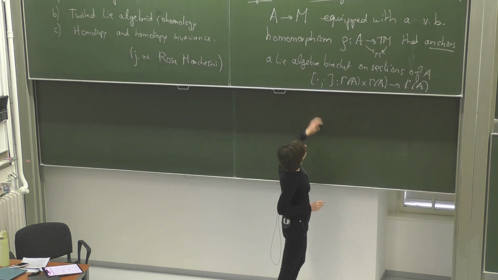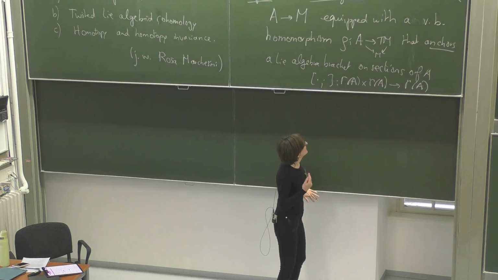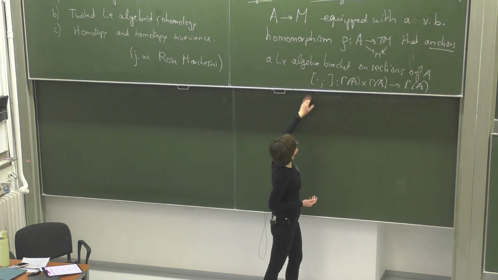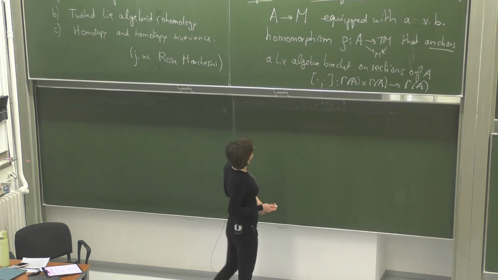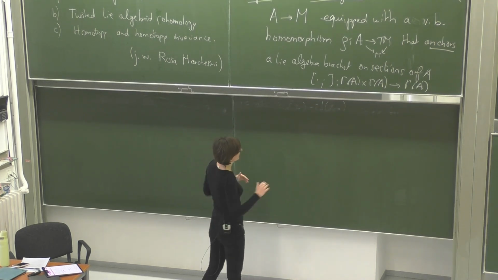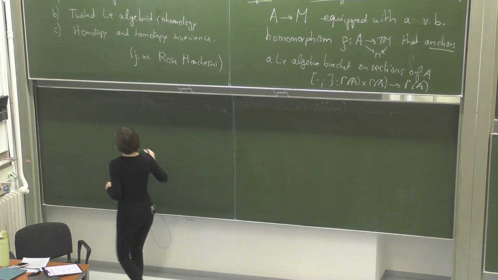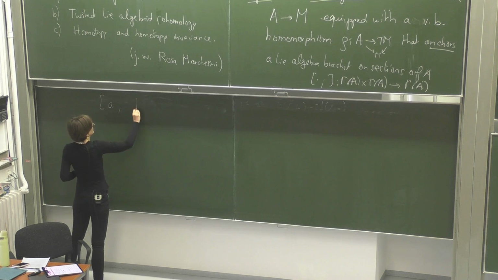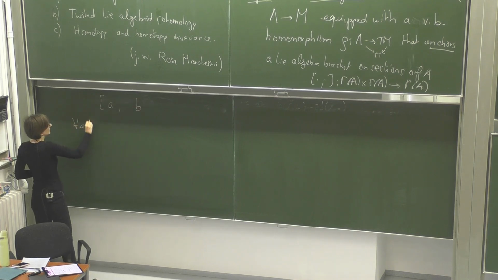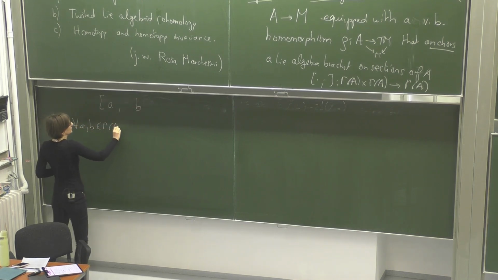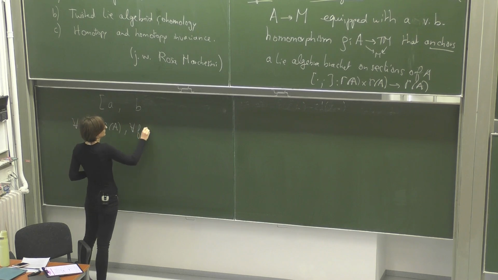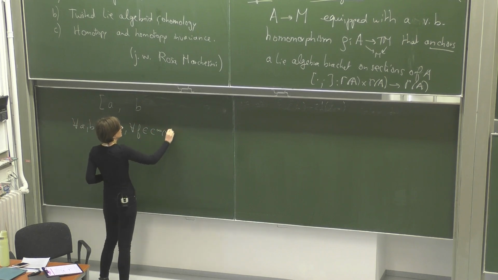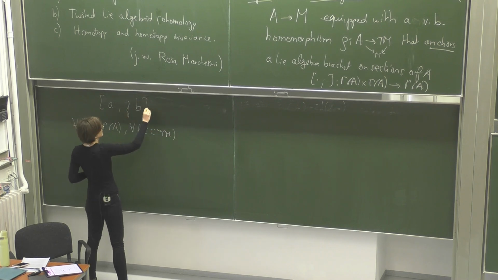So it's equipped with a Lie algebra structure, which could be very wild a priori, but it's anchored along the geometry of the manifold, meaning that for all sections A, B of A, and for all smooth functions on the base, you have a Leibniz identity.